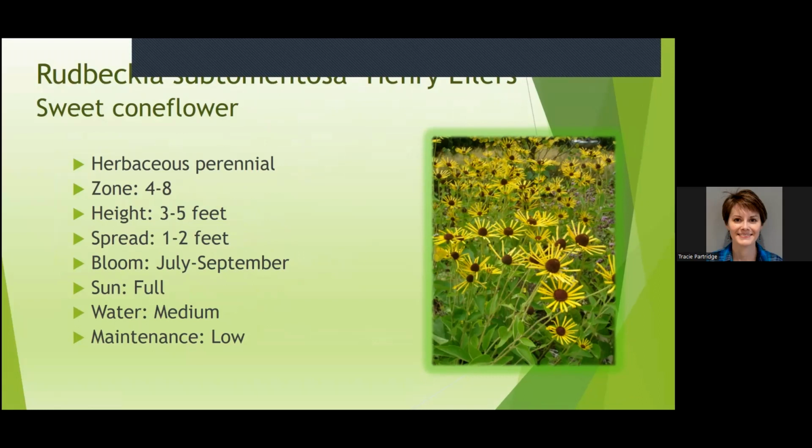Where do you get plant plugs? Plant plugs, Prairie Moon, a catalog, Prairie Moon, and also at the Dick Arboretum, they have plugs. It just means that they're very tiny, you know?